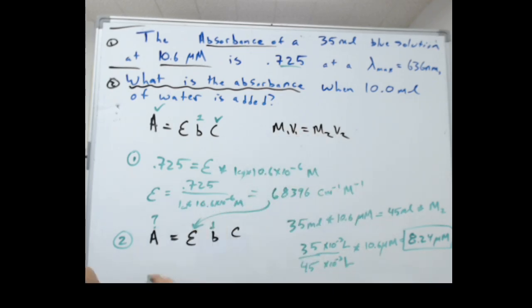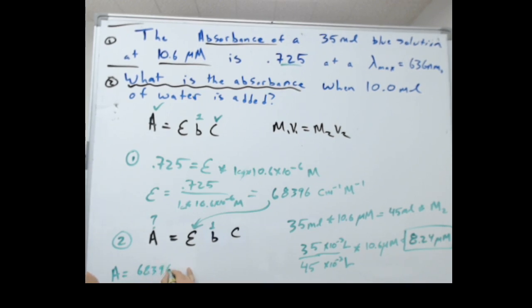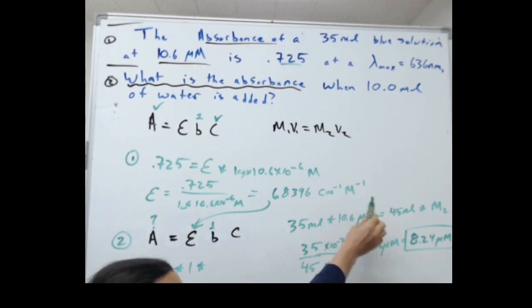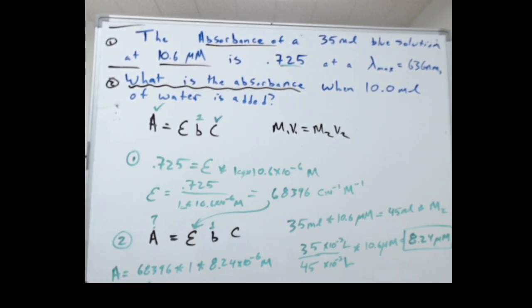With this, I can now go ahead and say absorbance is equal to the epsilon value, 68396, times the path length of 1, times the concentration, being careful, molarity, not micromolarity. I have to make sure I do that conversion. 8.24 times 10 to the minus 6 molarity. Make sure you can still see that. Ooh, off the screen a little bit.